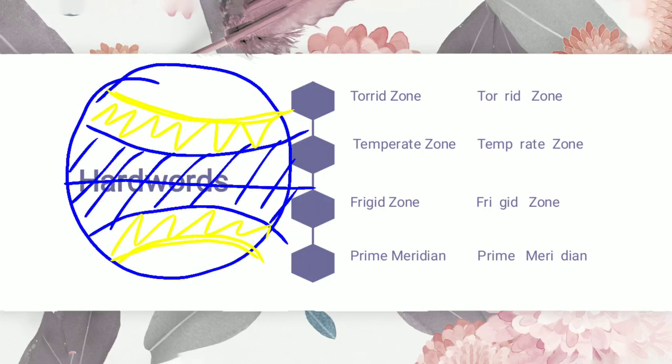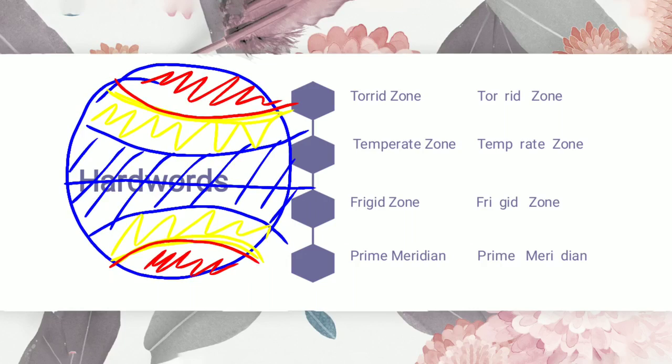It's just a small brief given to you. And next one is frigid zone. The zone between the poles and these two lines is called frigid zone.